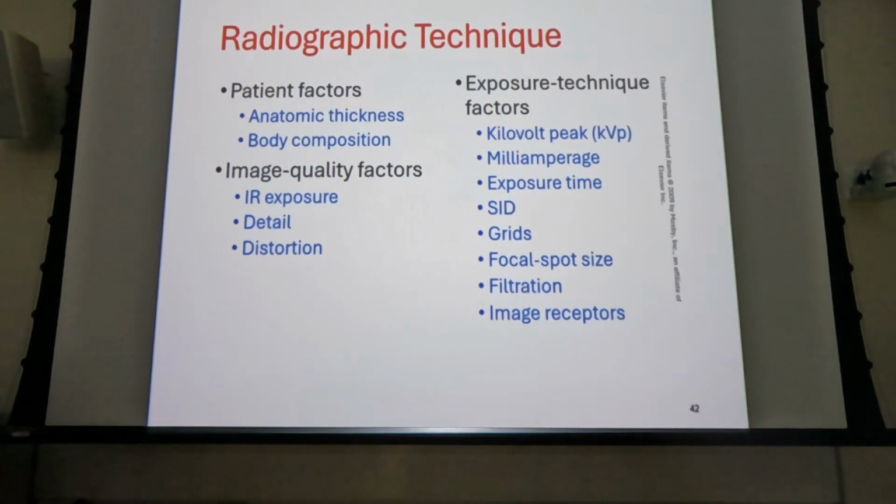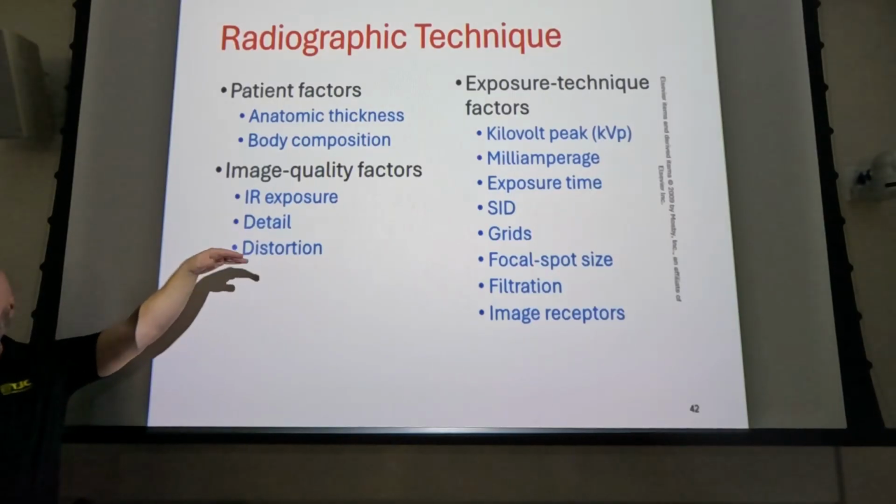So patient factors: anatomic thickness and body composition, two totally different things. With body composition, we're talking about different tissue types, and we'll talk about that a little bit later. But for image quality factors, the sensitivity of the image receptor is big, so our type and the exposure that you need.